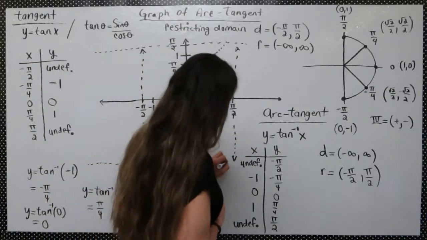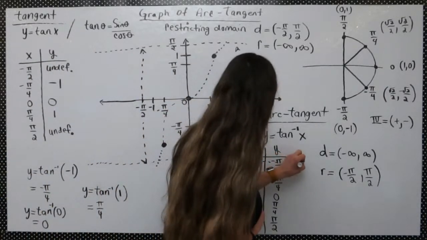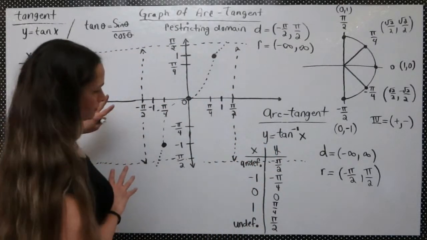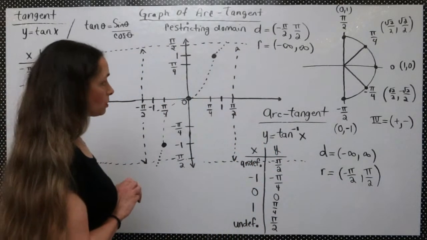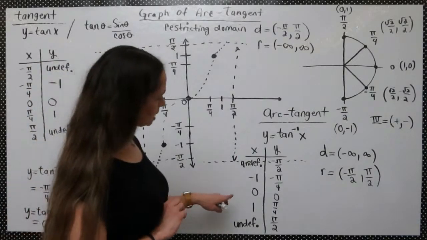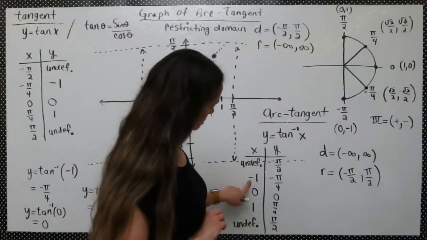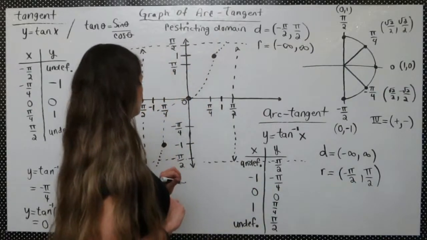These horizontal asymptotes are going to bind the graph of the arctangent function.